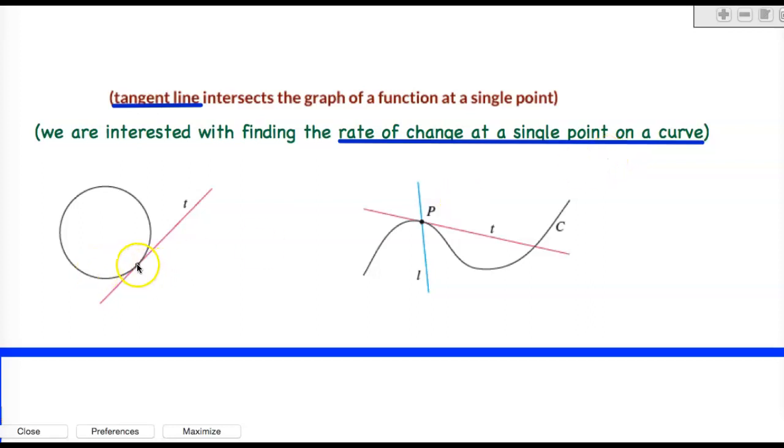And you see here, once we calculate this slope, is the slope going to be positive or negative? Positive because it's rising. Is this slope going to be positive or negative? Negative because it's falling.